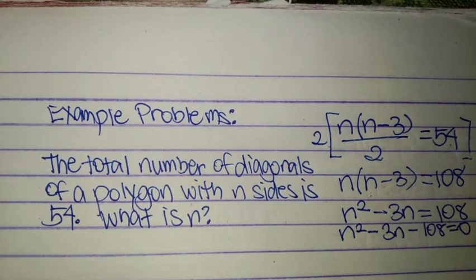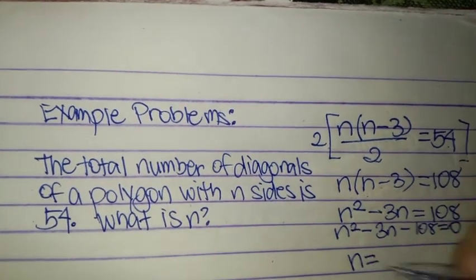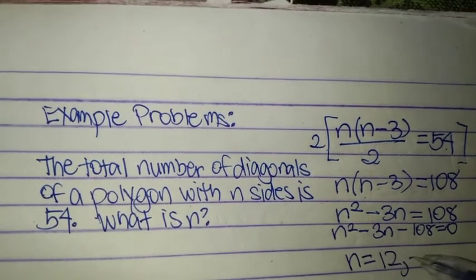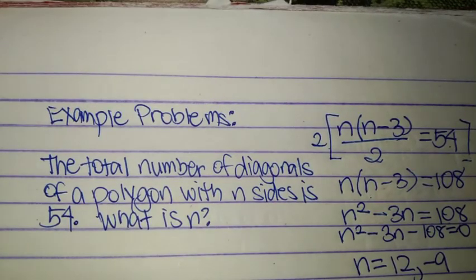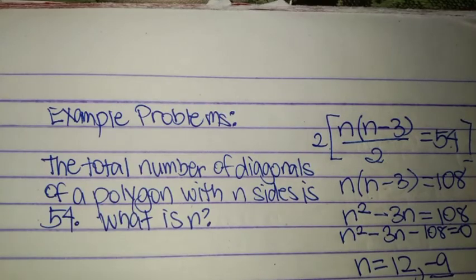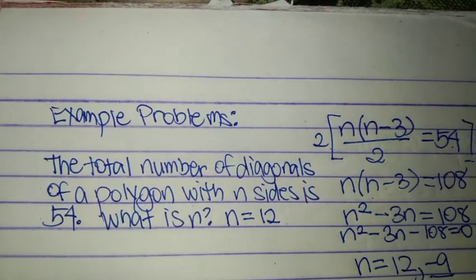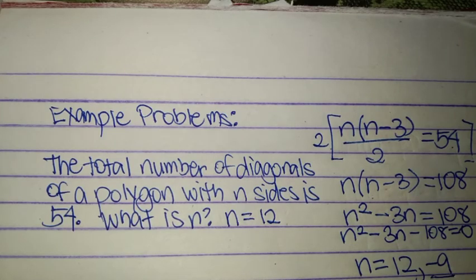By factoring or quadratic formula, we can get n equals 12 or negative 9. Remember that a polygon cannot have a negative number of sides. So we discard n equals negative 9 and we have n equals 12. So the polygon has 12 sides.